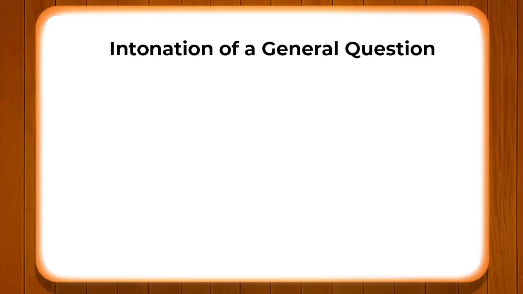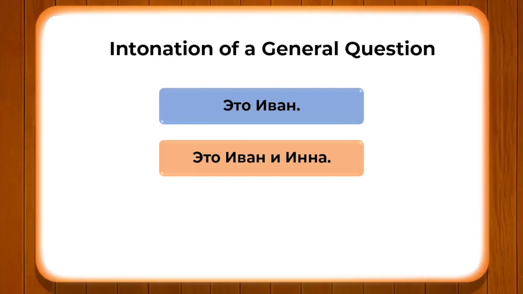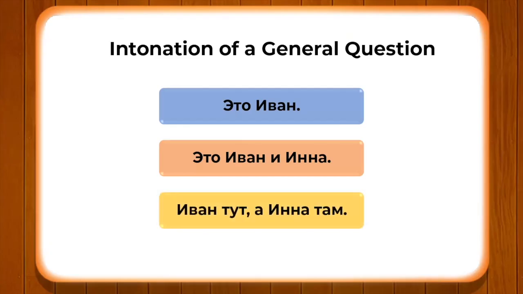All right, now we will do a few more such examples. "Это Иван и Инна, Иван тут, а Инна там." All right, let's go ahead.